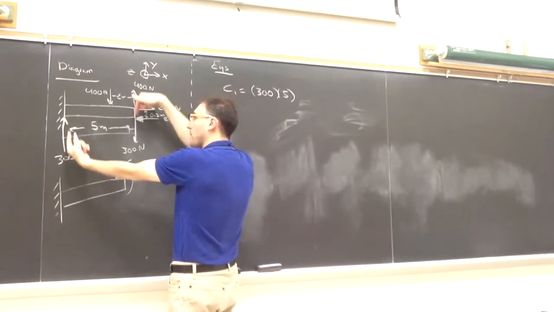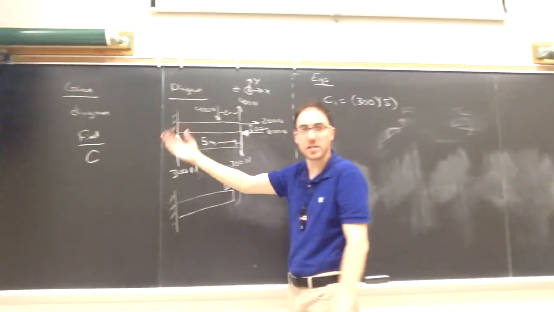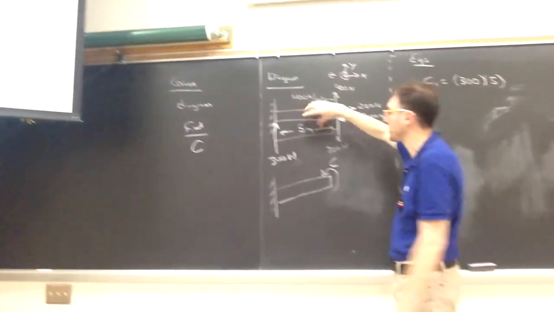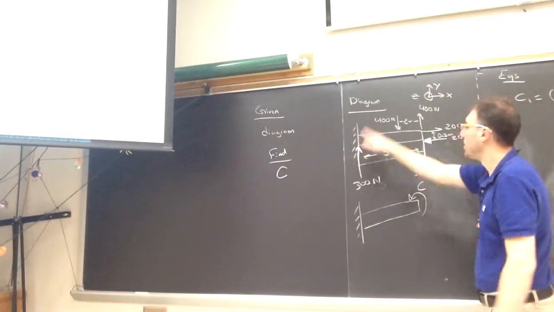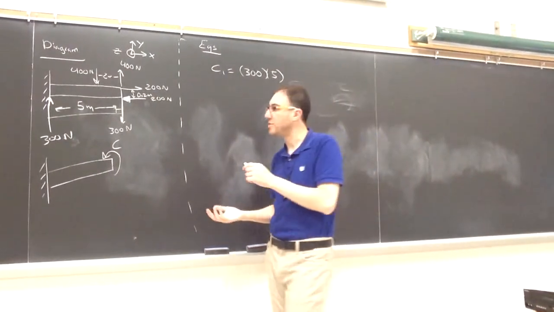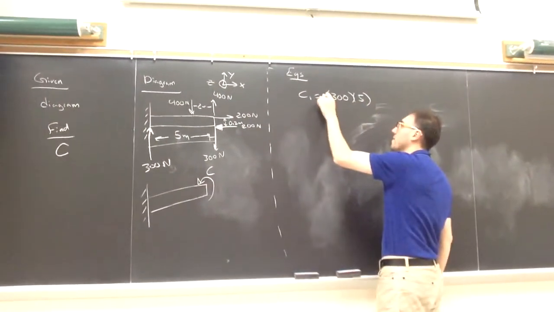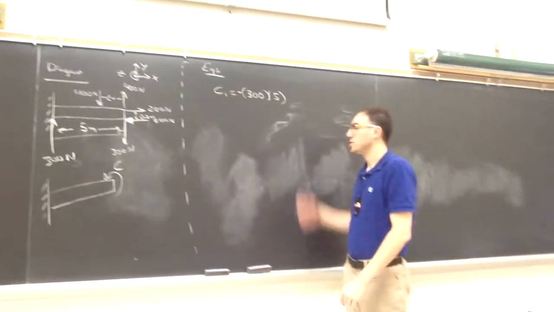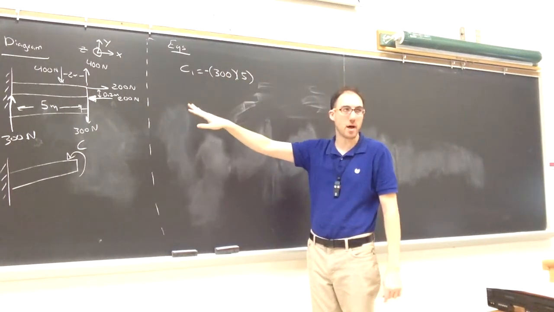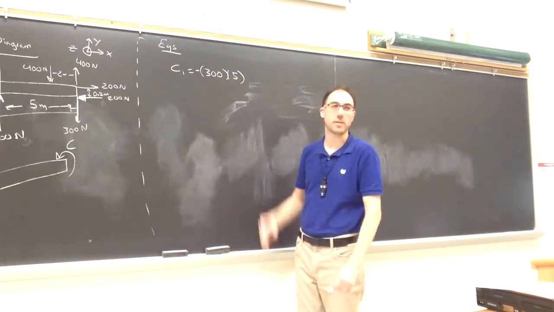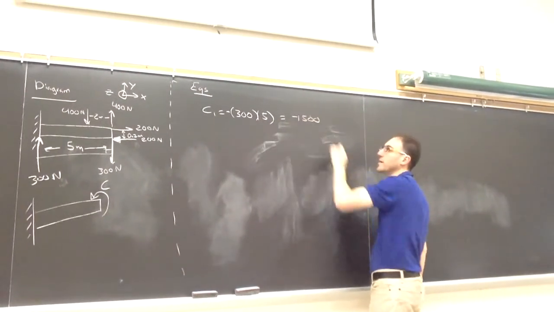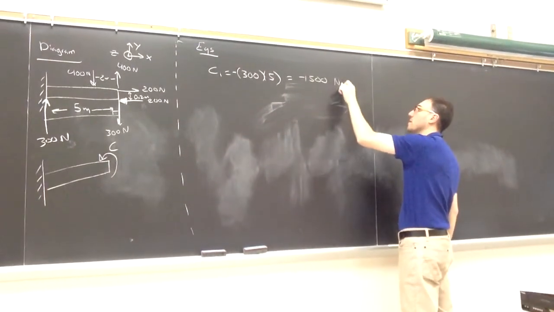If we picture if it could spin, if it weren't connected to the wall there, just due to these 2 forces, ignoring everything else, this object would want to spin clockwise around the z direction. Remember, in 2 dimensions, clockwise is negative. So we manually, in 2 dimensions, when we use the scalar approach, have to say, is it clockwise or counterclockwise? Meaning, is it negative or is it positive? So the couple caused by this pair of forces is negative 1,500, and that's newtons times meters.